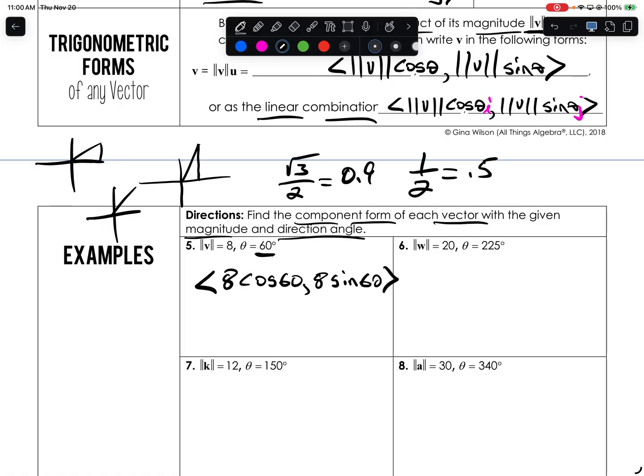What's cosine of 60? 0.5, right? So it's 8 times 1/2, so that equals 4. And then I have 8 times root 3 over 2. So what's that equal? 4 root 3.